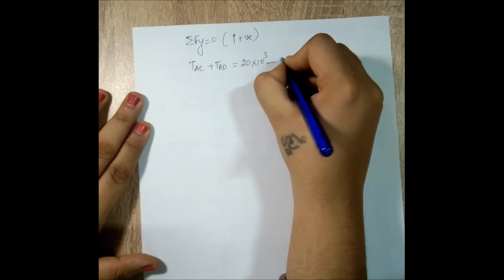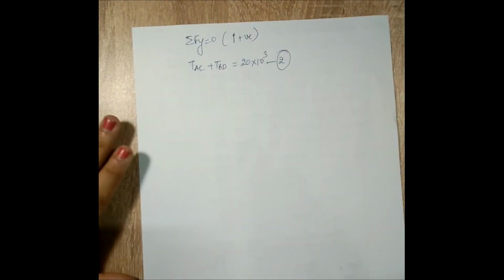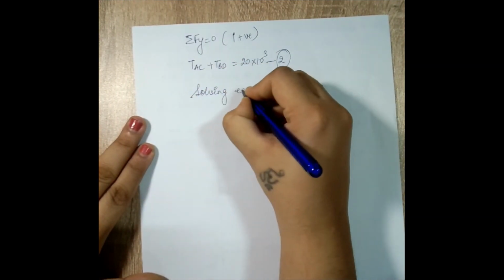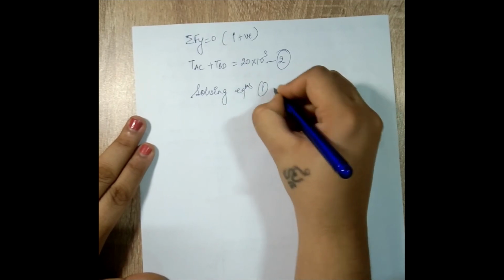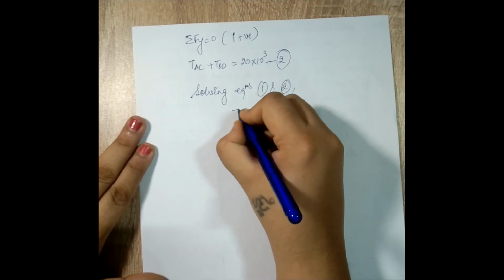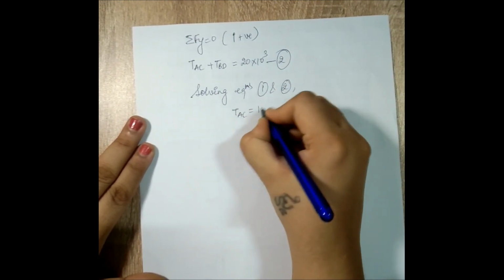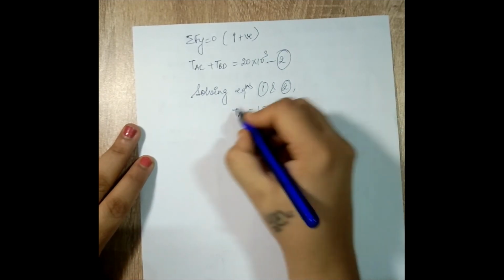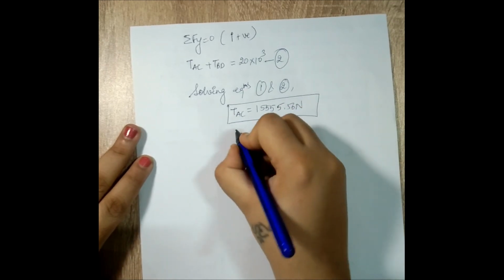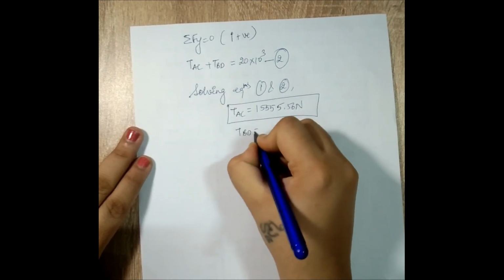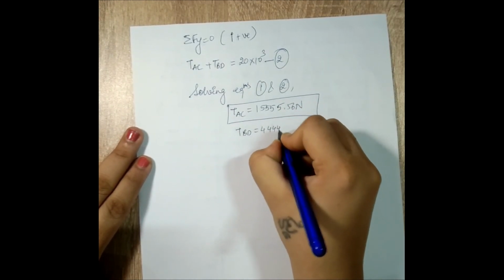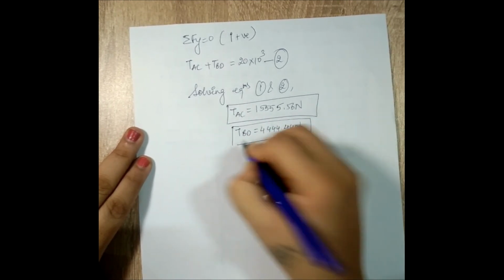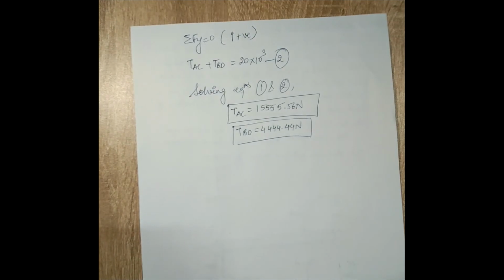This is my equation number 2. Suppose if I solve equations 1 and 2, I'll get TAC is 15555.56 Newton and the value of TBD is equal to 4444.44 Newton. So these are the values that I obtained.